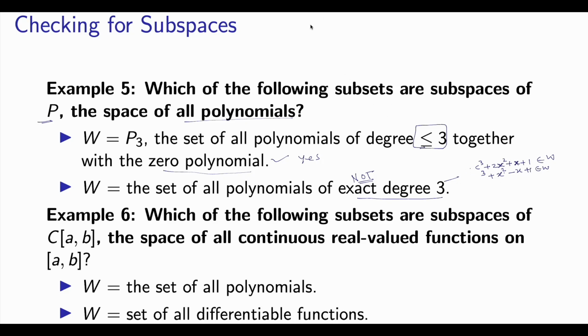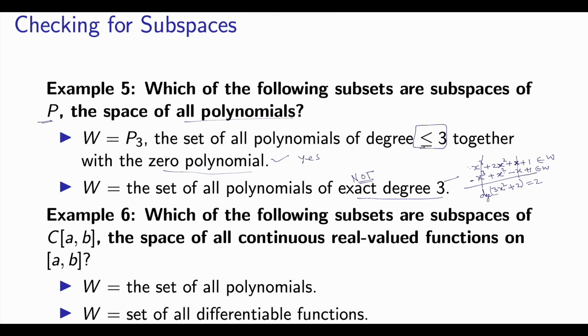So now I'm going to do the addition. If I add, the x cube terms are gone. So this is 3x square, and the x terms are also gone, plus 2. So this is a 2-degree polynomial. What is the degree? The degree is 2.